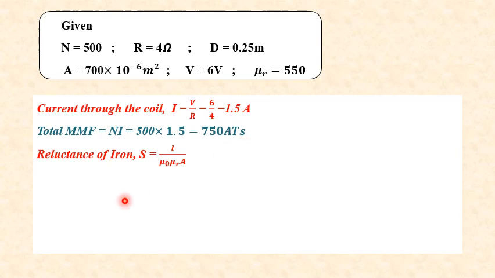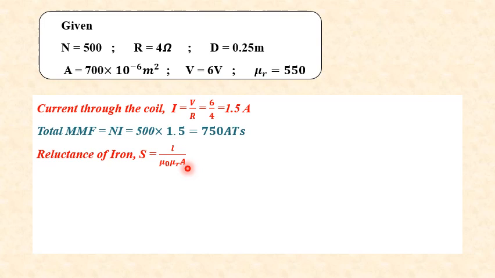Now the reluctance of the iron, that is S, is equal to L by mu 0 mu R into A. Mu 0 is the permeability of free space, which is a known value. Mu R is given in the question as 550.